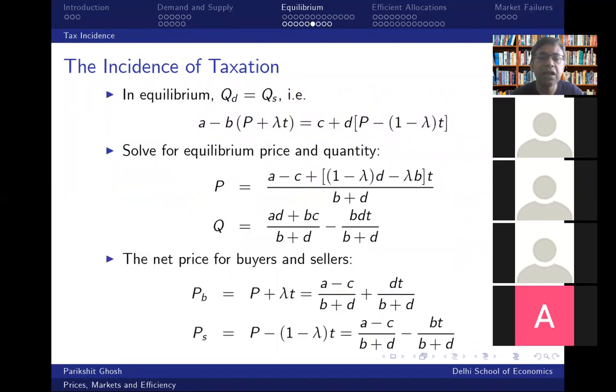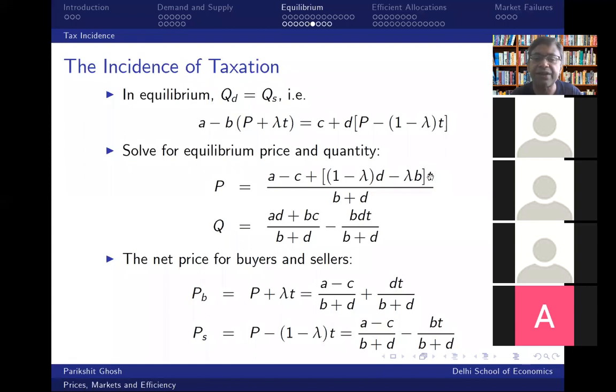Okay, so the algebra of it, as I said, this is the equation we'll work off, right? Exactly as I explained. So once you solve for the value of P, this is our equilibrium market price, and it's going to be a function of T, lambda, all the policy parameters that have been set, right?